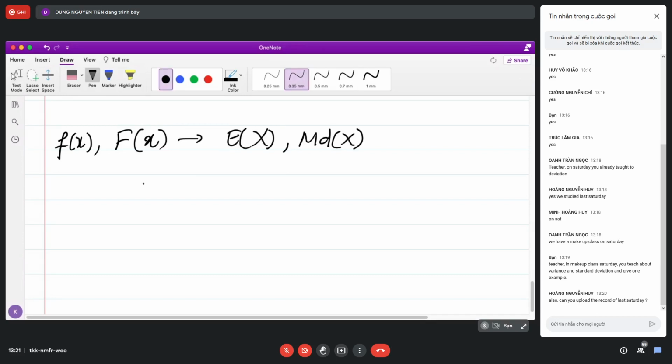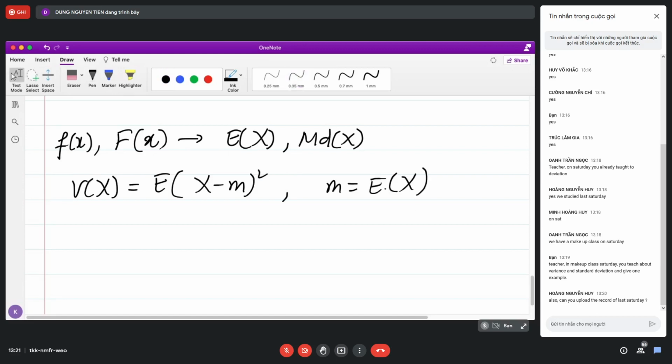And then I already mentioned the variance. Okay, so the variance of x is the mean value of (x minus m) squared, where m is the mean of x, right? That is the definition of the variance of x. And then we can also have the definition of the standard deviation of x, which is the square root of the variance of x. Okay.